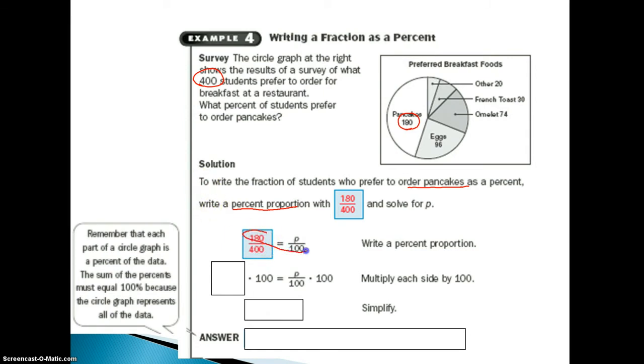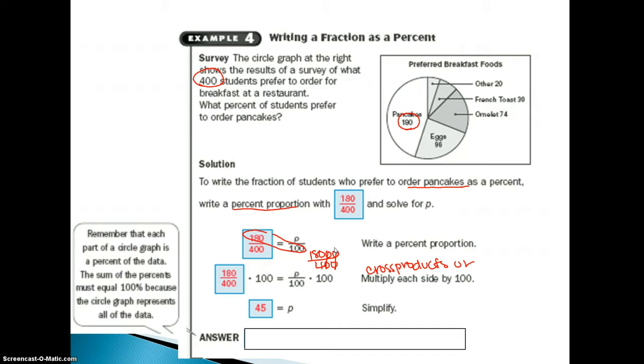I like to do the cross products at this point, or you can multiply each side by 100, divide by 400, zeros cancel, you get 45.